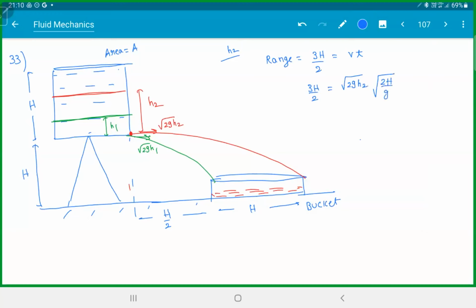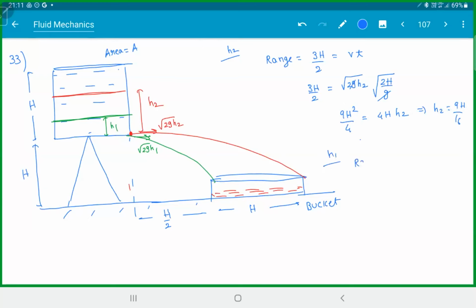That is constant, right? Time of flight is the same in all cases because the water will always come from this point only. g will cancel, square on both sides. 9h square by 4 is equal to 4h h2. h2 will be 9h by 16.